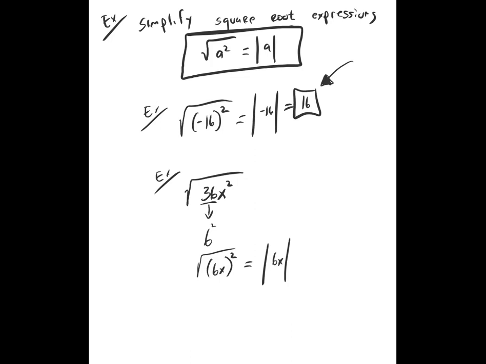What we can say here is that this is really the absolute value of 6 times the absolute value of x. And what we can actually do is the absolute value of 6, which is just 6, and we bring back our absolute value of x.